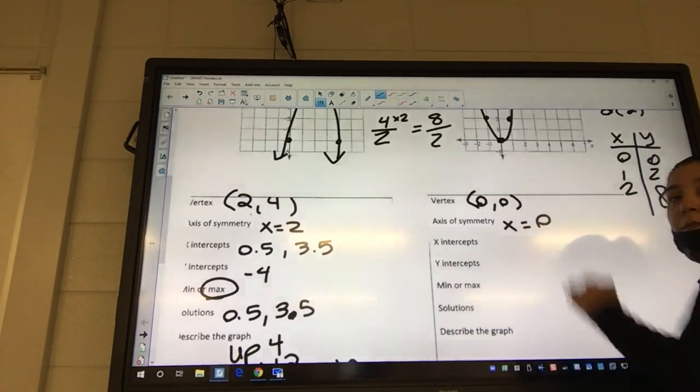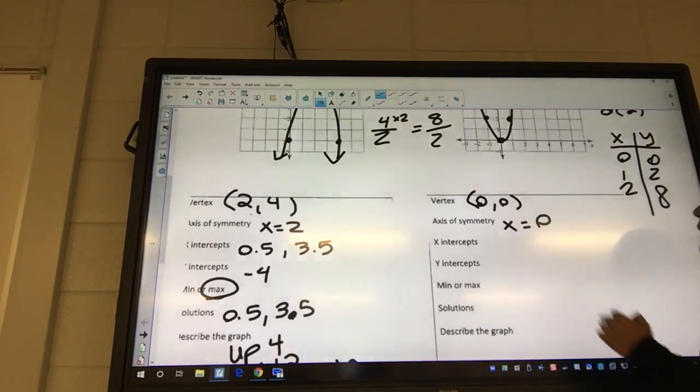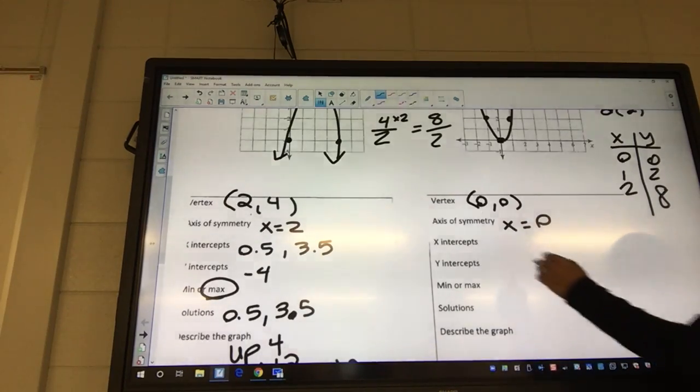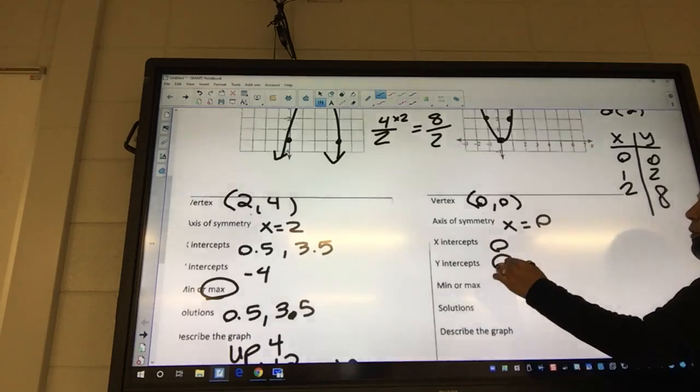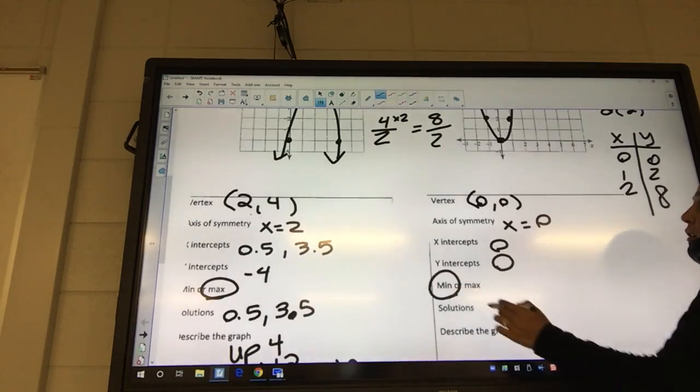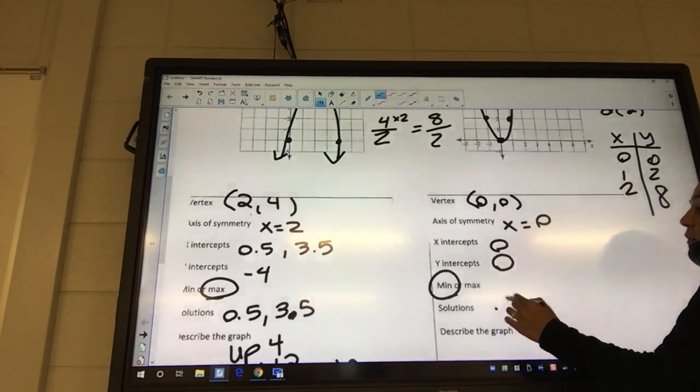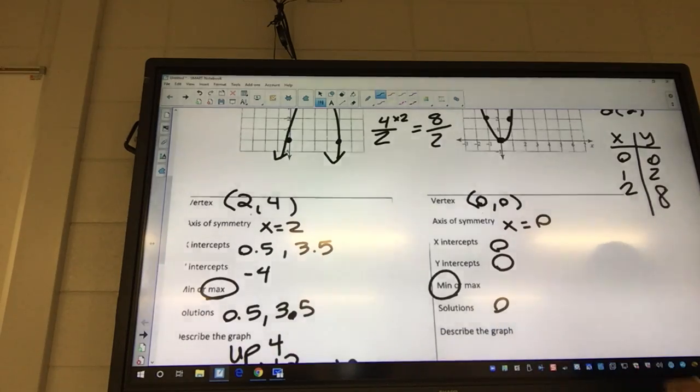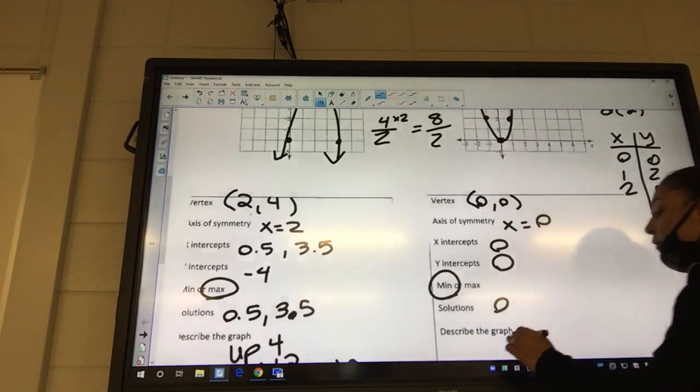X equals 0. X-intercept. 0, 0. Y-intercept. 0. Min or max. Solutions. 0. Description. It didn't move, but something did change from the mom and dad. It has a slope of 2.